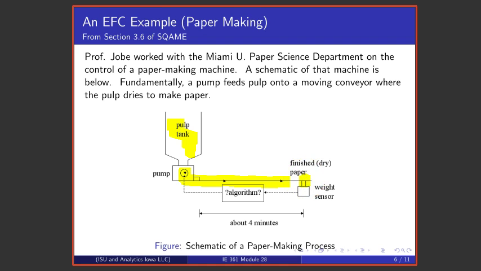If there is a target weight for the paper, then it's possible that a weight sensor sends that information to some kind of an algorithm that adjusts a pump speed, that adjusts how fast pulp is pumped onto the moving conveyor.